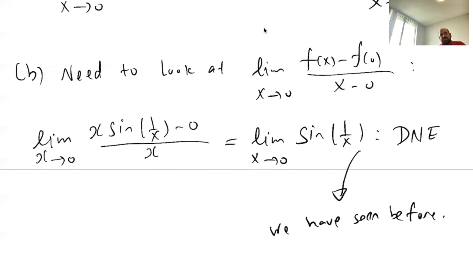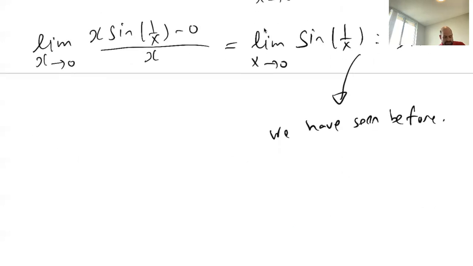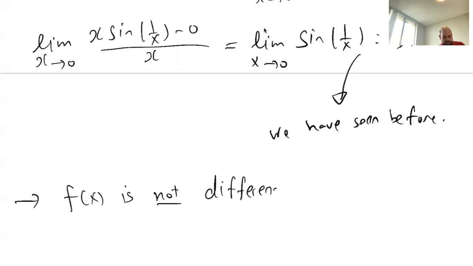We saw that those limits do not exist. So this limit does not exist, which means f of x is not differentiable at x equals 0.